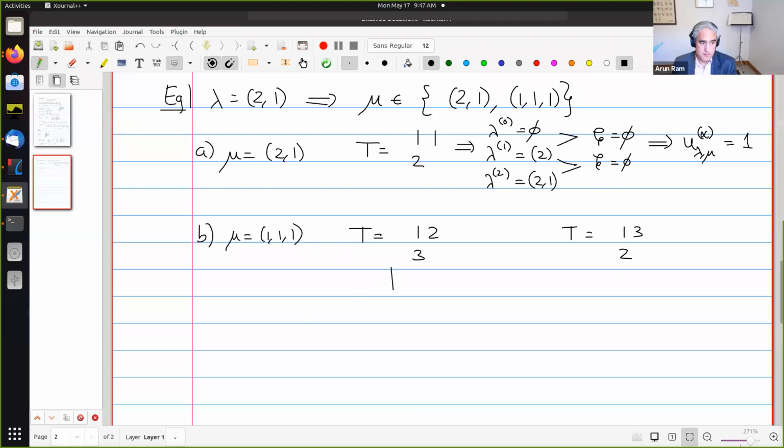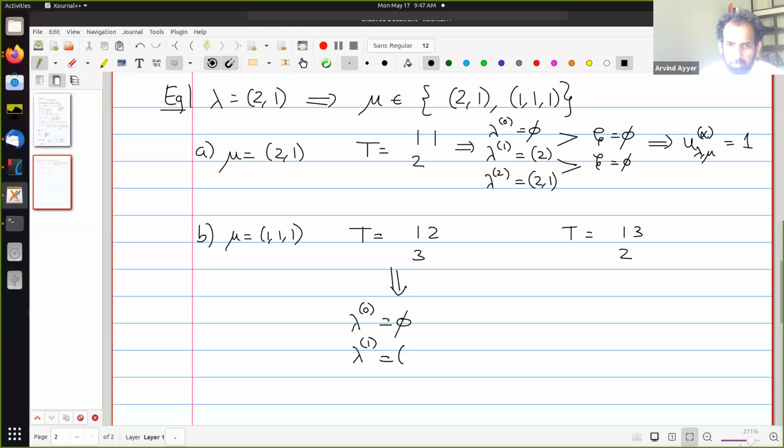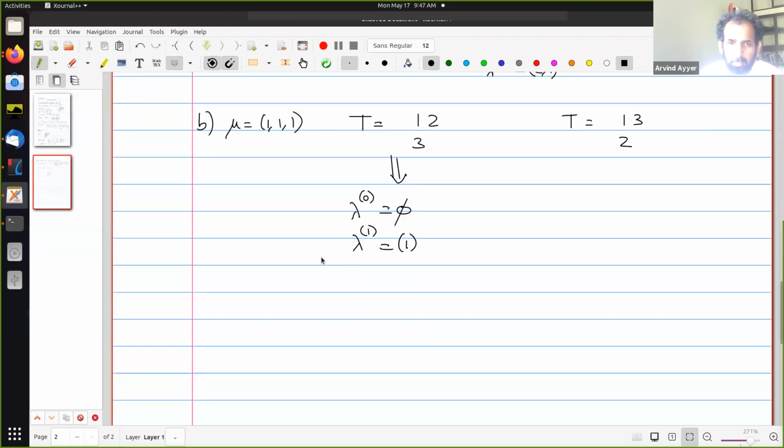Okay, so here lambda naught is empty, lambda 1 is (1), lambda 2 is the partition (2), and lambda 3 is the partition (2,1). So here, as usual, C is empty, but here C is the cell (1,1).